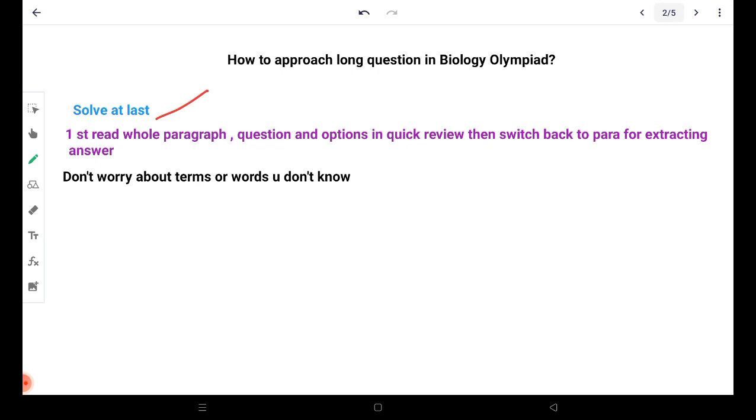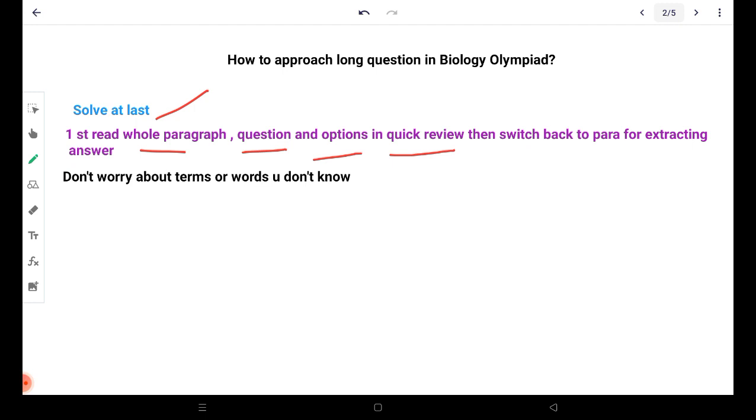So you have to first read the whole paragraph, question and all the options in a quick review, in maximum 1 minute. Take an overview of all the questions and options, and what the question wants. Many of us waste our time reading the paragraph line by line, and many times it has no relevance to the questions asked.